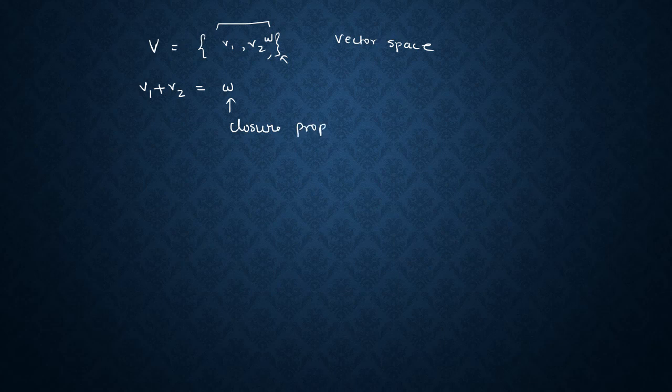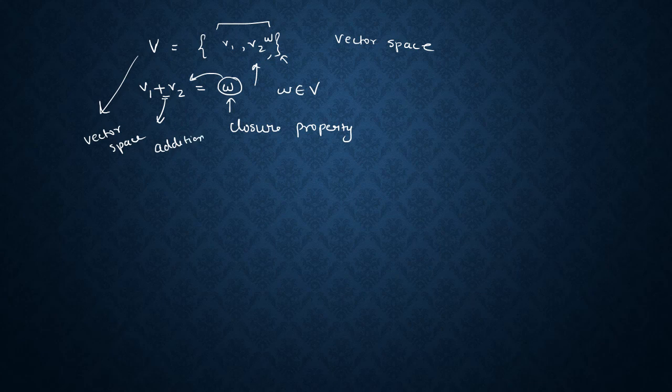What is closure property? That the result of any operation also belongs to the main set. Because this W also belongs to V, the main set, that's why this V can be defined as a vector space under the operation addition. Okay?